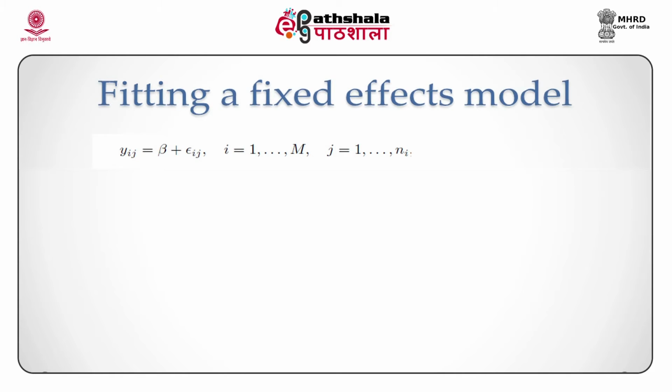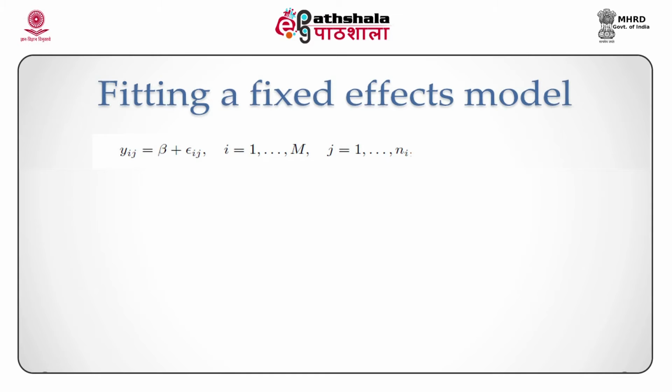Beta is the overall mean as well as the mean for each rail, the mean time taken to travel across each rail. And as I said before, we have ignored the fact that this time could vary with the rail. Epsilon ij is a noise term, and we assume for the purpose of inference that epsilon ij's are IID normal 0 and variance sigma squared.